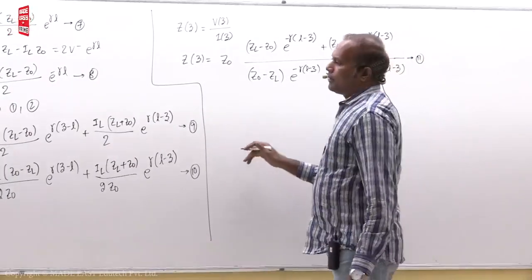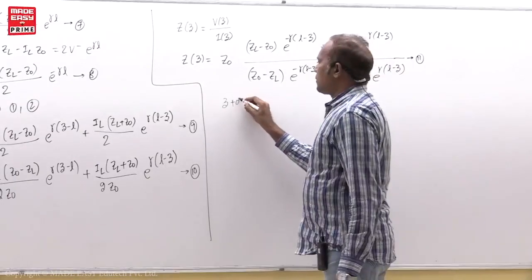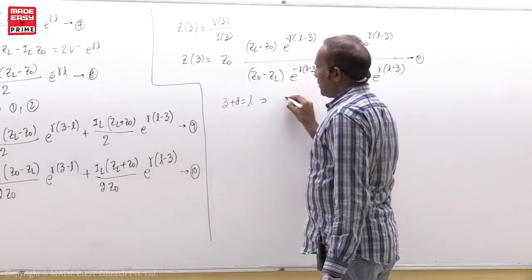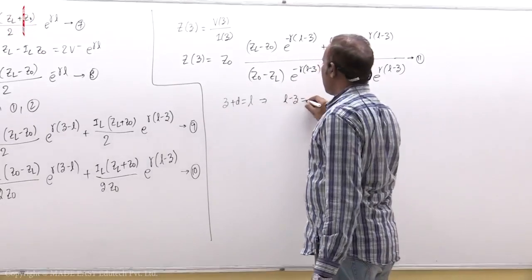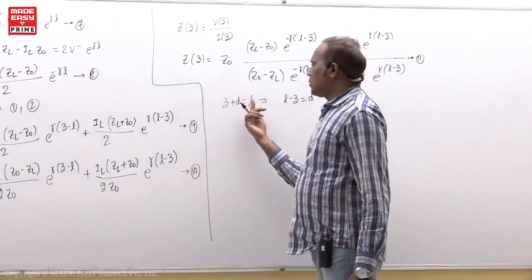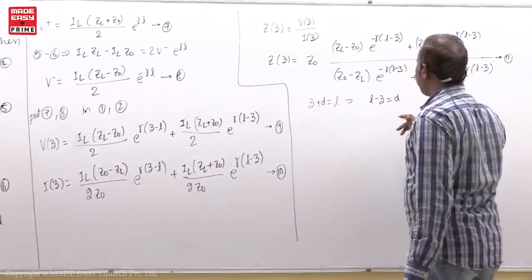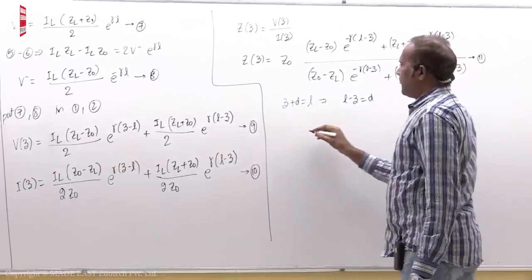Already we know that Z plus D is equal to L. That implies L minus Z is equal to D. So L minus Z is equal to D. Okay.